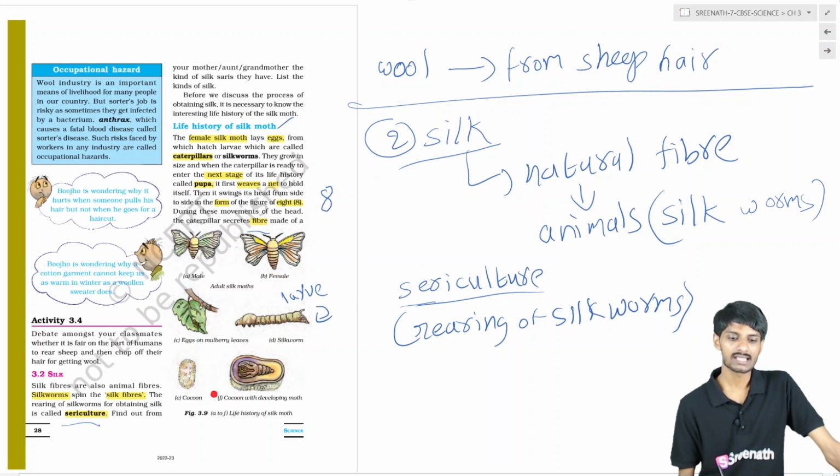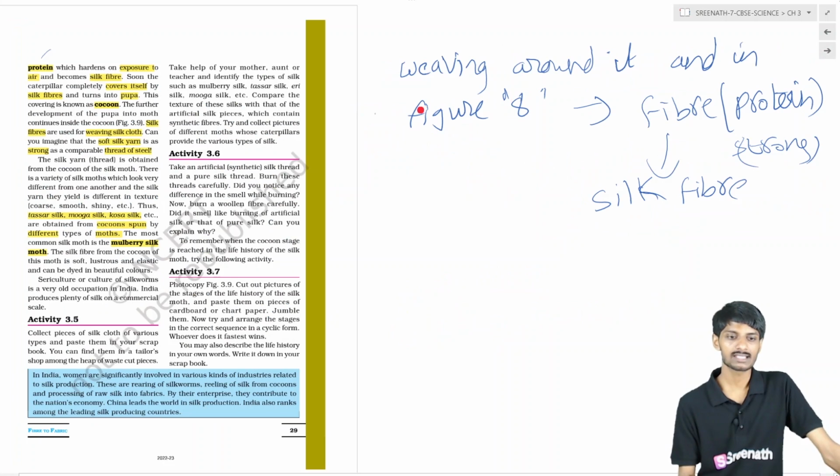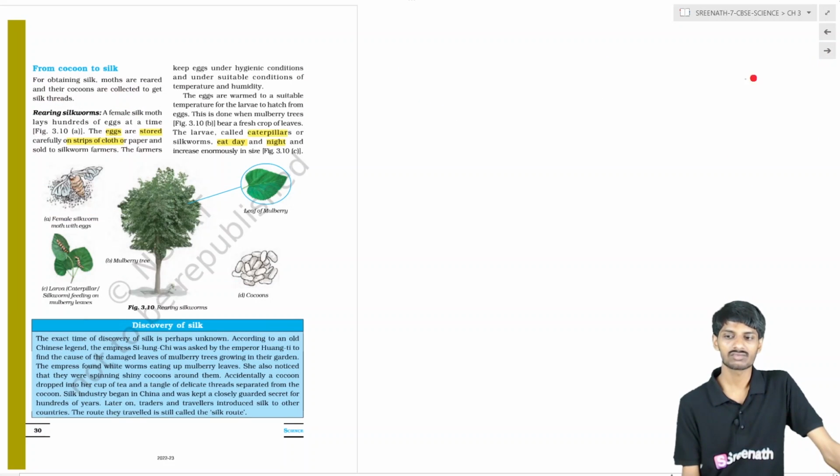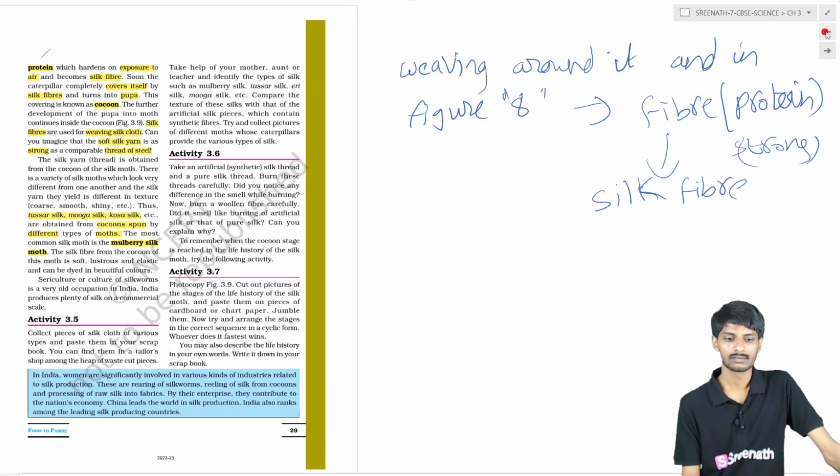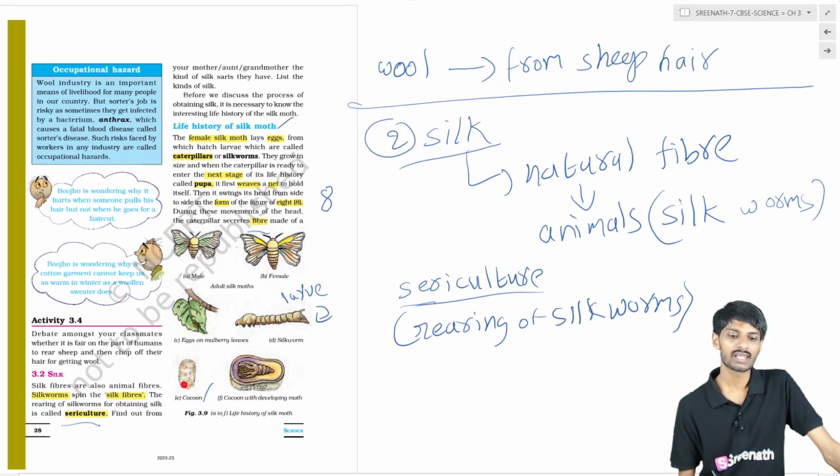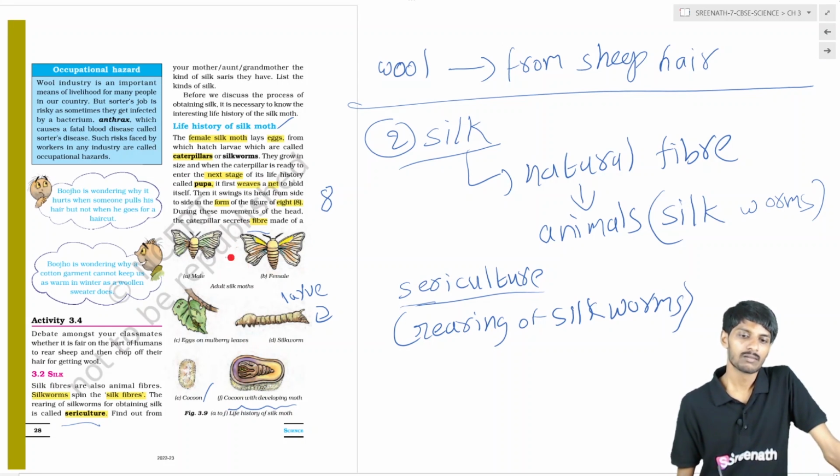We call that covering the cocoon. The further development of the pupa into a moth continues inside the cocoon. This is the whole life history of the silk moth.